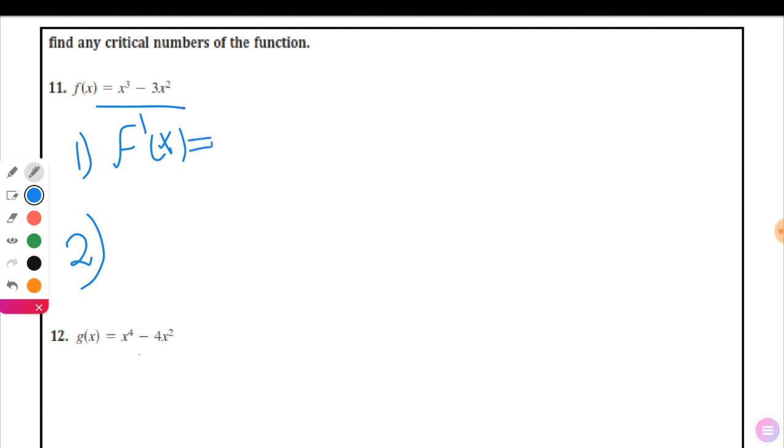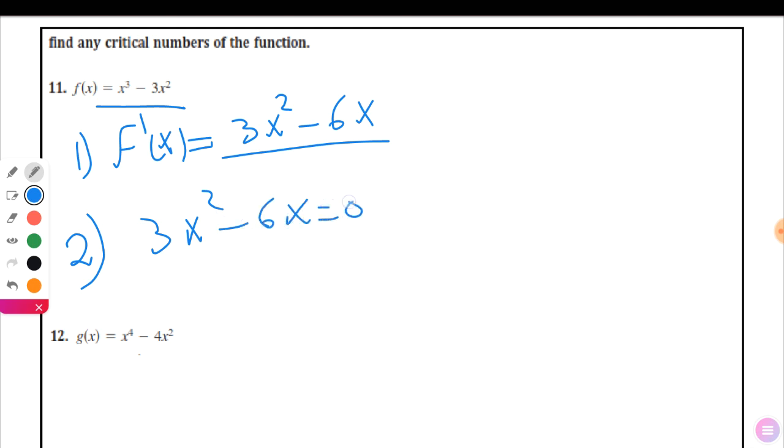The derivative will be 3x squared minus 6x. That is the first step: find the derivative using the basic rules of differentiation. Then set the derivative equal to 0: 3x squared minus 6x equals 0. When I wrote the model answer of worksheet 6, I wrote all of my explanation.